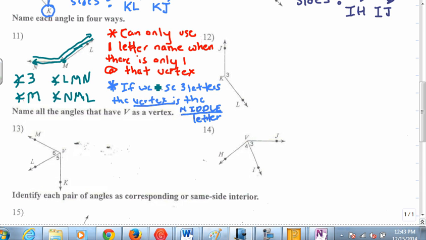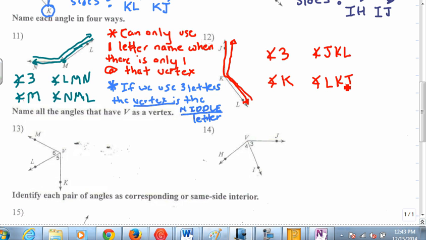Okay, I want you to try number 12. Okay, check your answers to number 12. Are there any questions on how to name these angles?